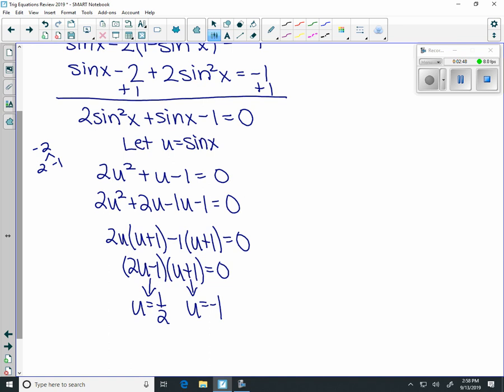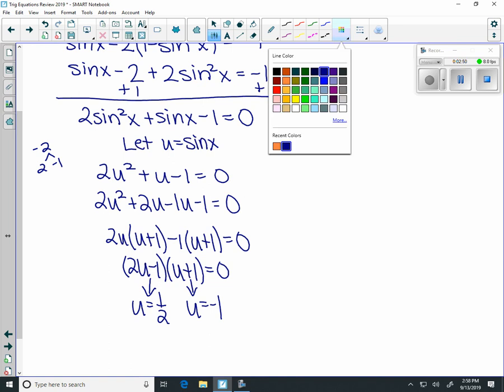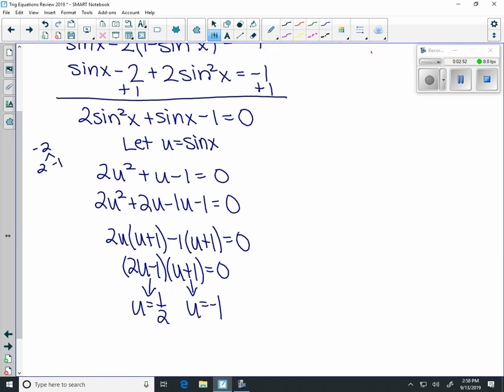So that's our u's. Now we can go back and actually do this for sine. So we have to remember, don't get so excited that you solved for u. We're solving for x. So if u equals 1/2, that means sine of x equals 1/2. And if u equals -1, that means sine of x equals -1.